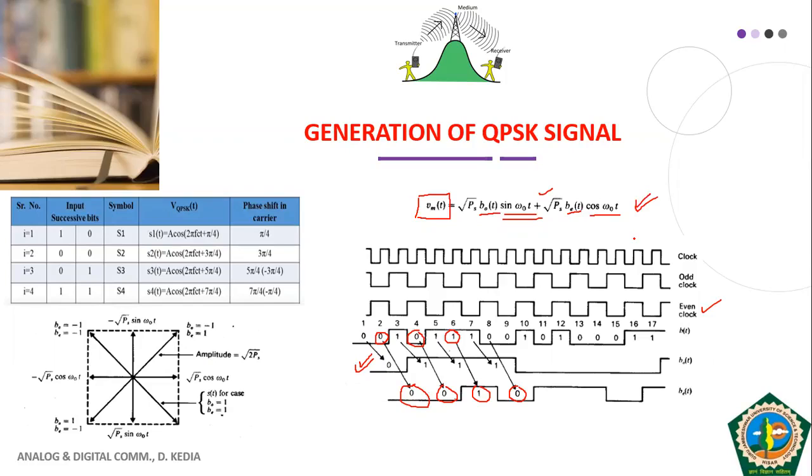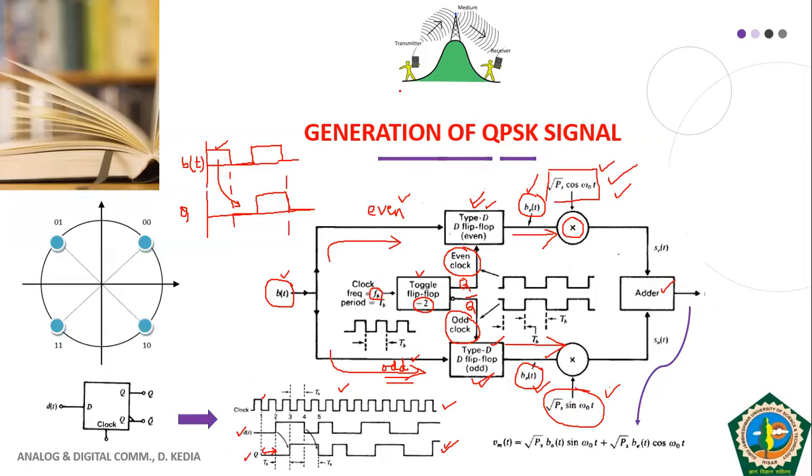Students, one thing we need to understand: once we add them, the even bits and odd bits are mixed with each other. Now the question arises: first we separated even bits and odd bits, then we used cosine and sine carriers, and then if we finally add them together, those bits must be mixed with each other again.